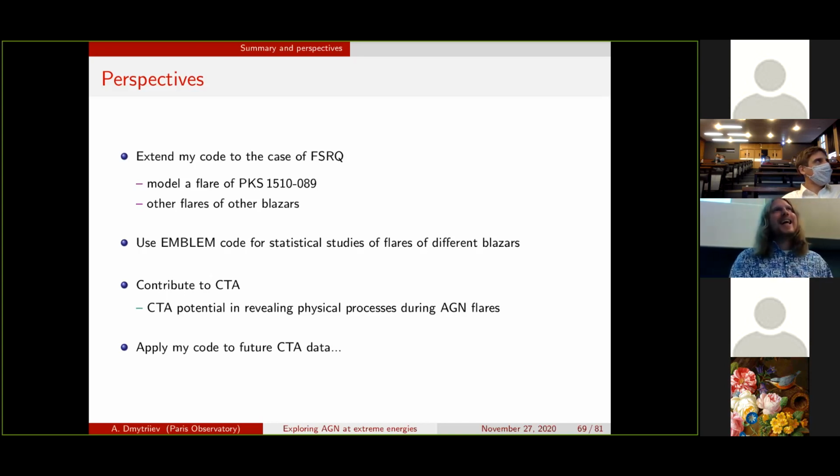It's an endeavor to understand what science CTA can do with flares, the potential of CTA to unveil the physical processes during the flaring activity, as we will have much higher quality data. And in the far perspective, to apply my extended code to future CTA data and to explore many new interesting behaviors in blazars using that code.